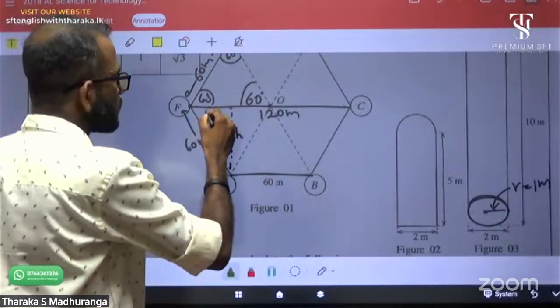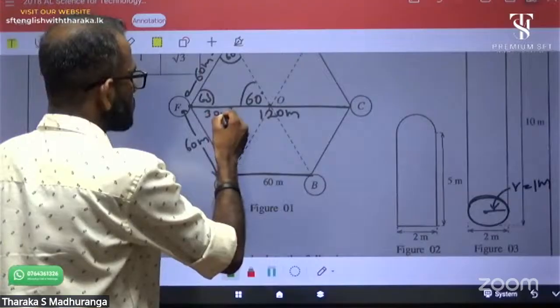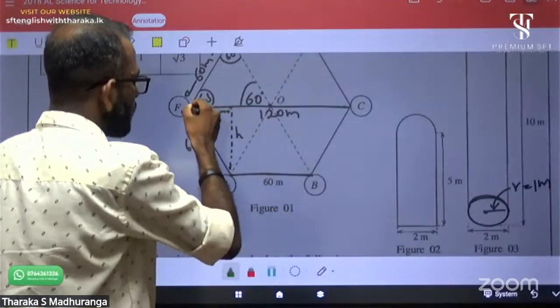Now it is 30 meters, and this is 60 meters.